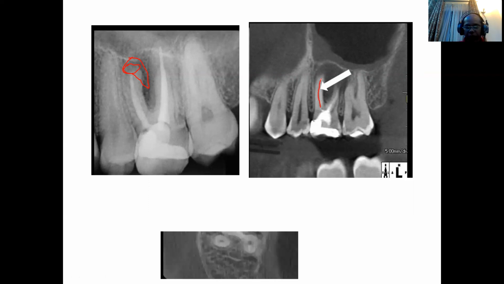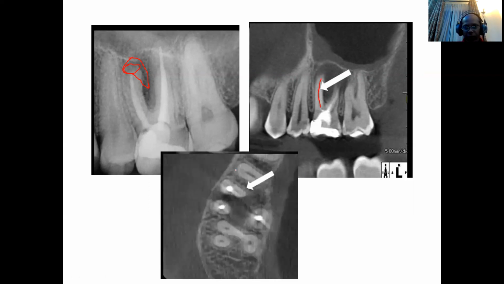And here is a coronal view of the same tooth. In this coronal view, the main canal, MB1, is obturated, but you can see a dark line here, the MB2 canal.